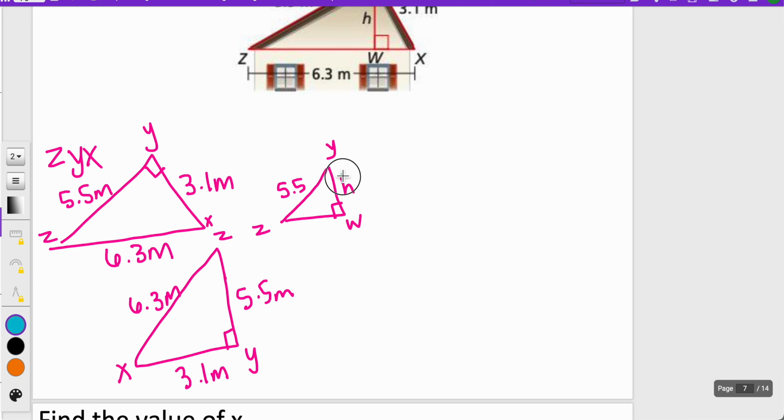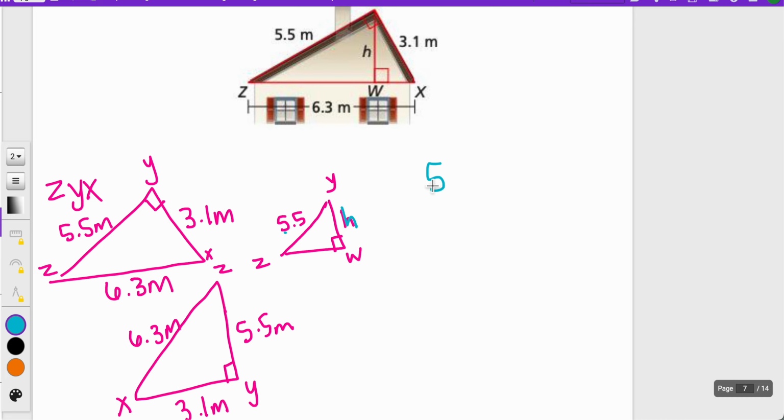So if I wanted to find H, I could say 5.5 over 6.3. So 5.5 to 6.3 would be represented H to what? Okay, so we're going to try to figure out what that matches with. 5.5 is matching with that 6.3, and then H is matching with that 3.1.